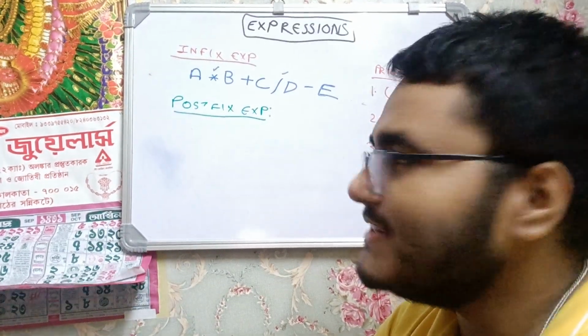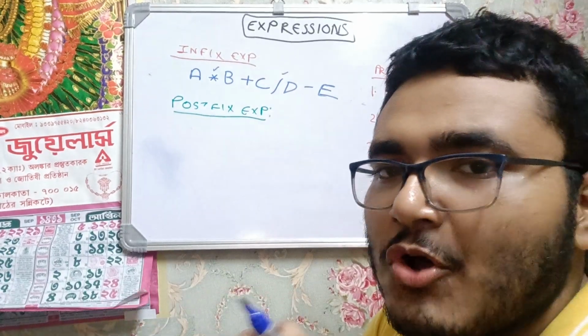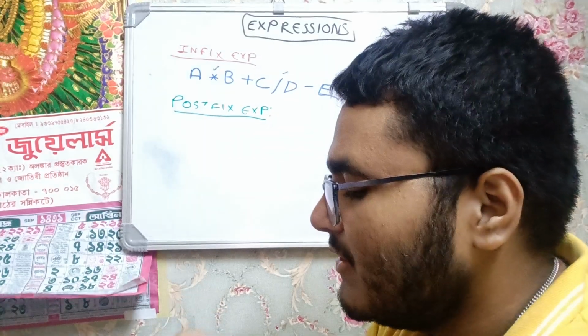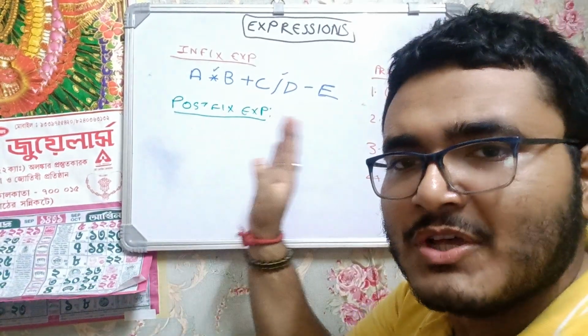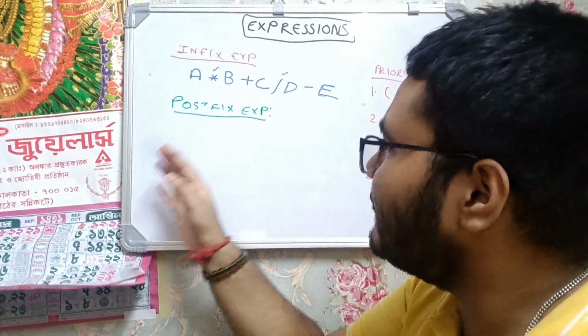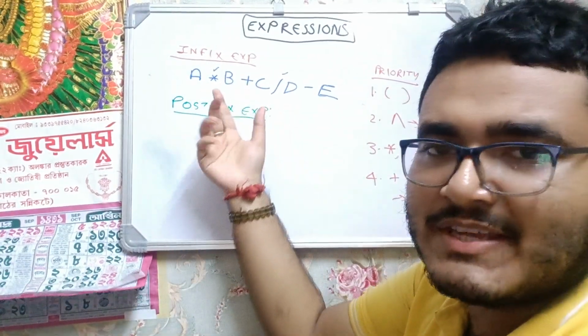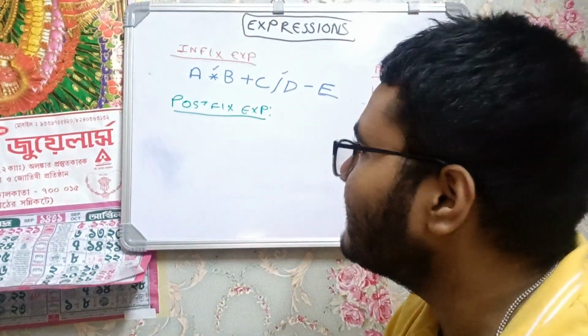So which part will I solve first? As per the rule, the leftmost operator gets the first priority. When the priority is the same, it is from left to right. Who comes first will be solved first.